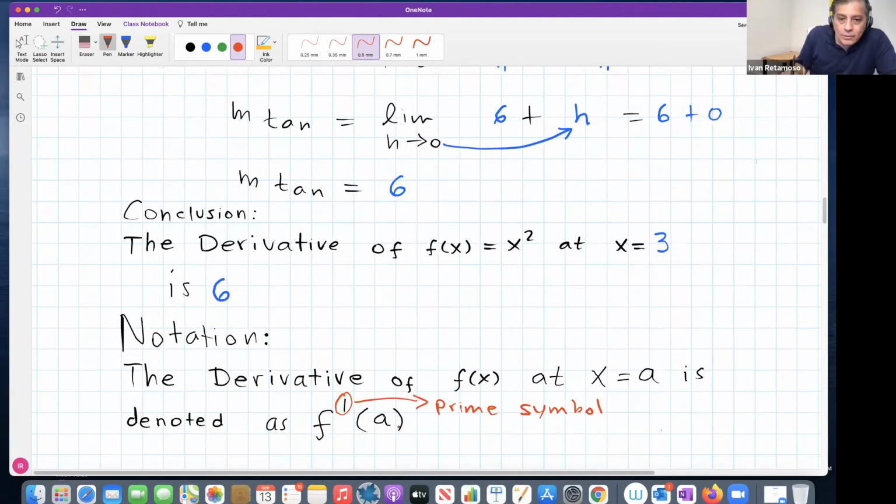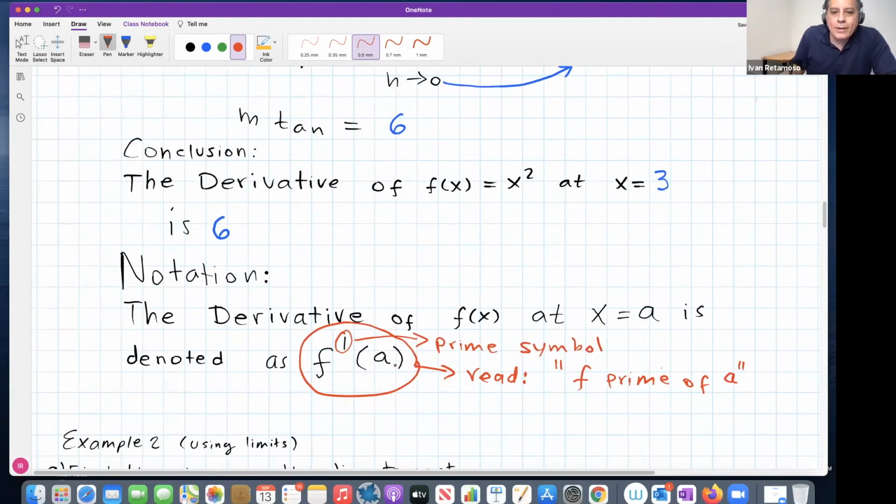And this whole thing is read f prime of a. F prime of a means the derivative of the function at x equal a.